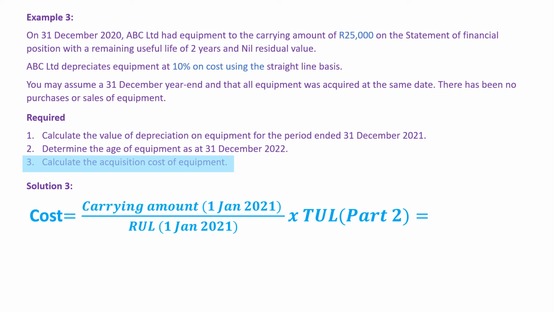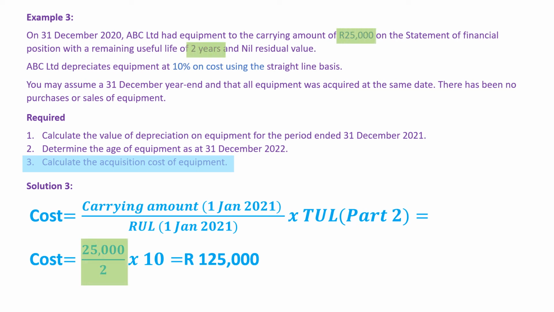All of this data has already been calculated or provided already. So in this case, the question gives you your carrying amount and your remaining useful life as at 1 Jan 2021. And you multiply it by your total useful life of 10 that you got from part 2 to give you an acquisition cost of 125,000 rands.